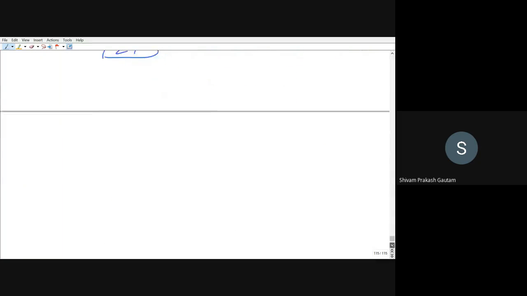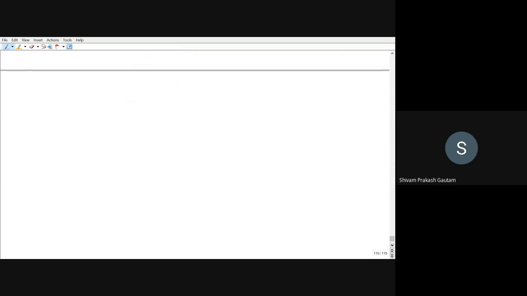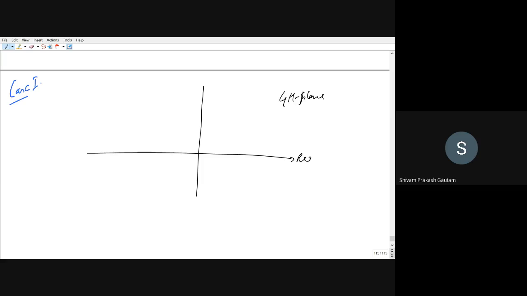So we will see some cases for determining stability. Now suppose case number 1. I'm drawing the Nyquist plot. This Nyquist plot we have already seen. This is our GH plane. This is the real part. This is the imaginary axis. This is omega is equal to 0 plus.